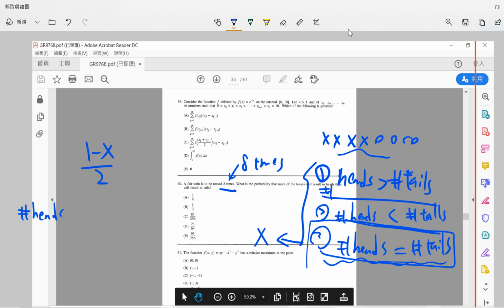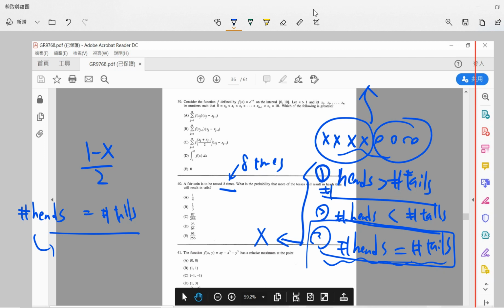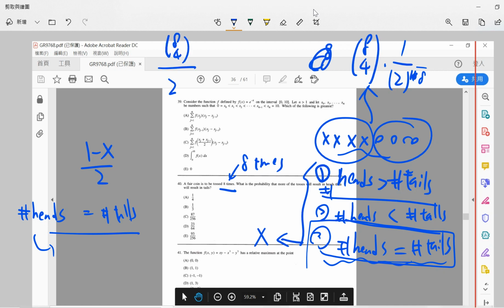So the number of heads equals the number of tails. That means we have 4 heads and 4 tails. This is a Bernoulli trial where we take 8 choose 4 out of 8 tosses, divided by 256.